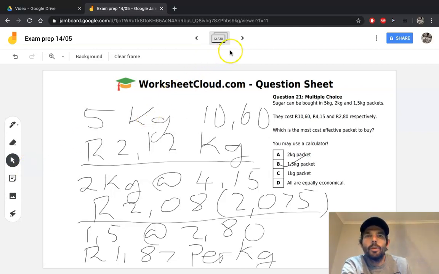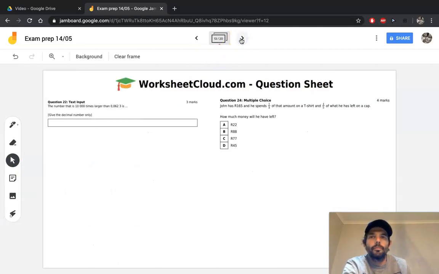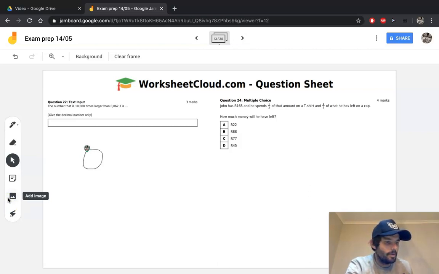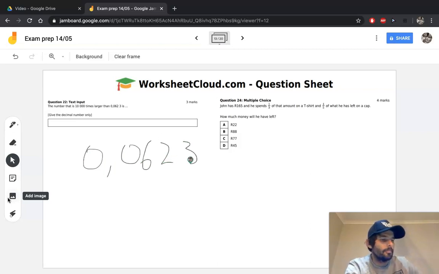Okay, let's go to question 22. What is 10,000 times larger than 0,0623? So let's write that down. Okay, so now we're just trying to see if you understand how to multiply decimals by using multiples of 10.